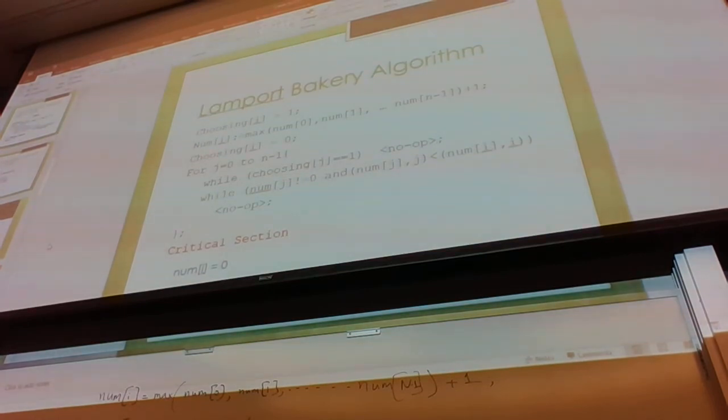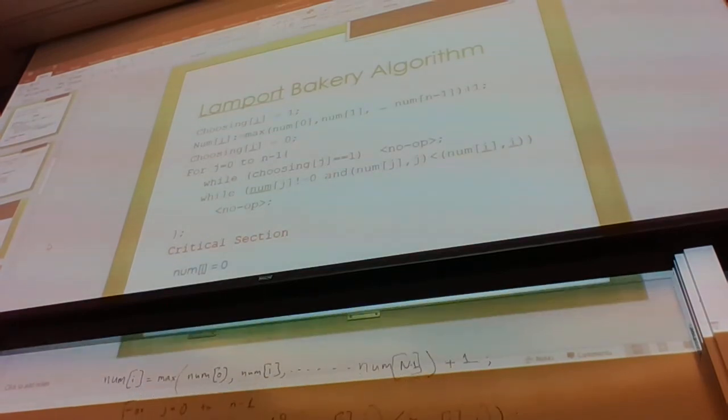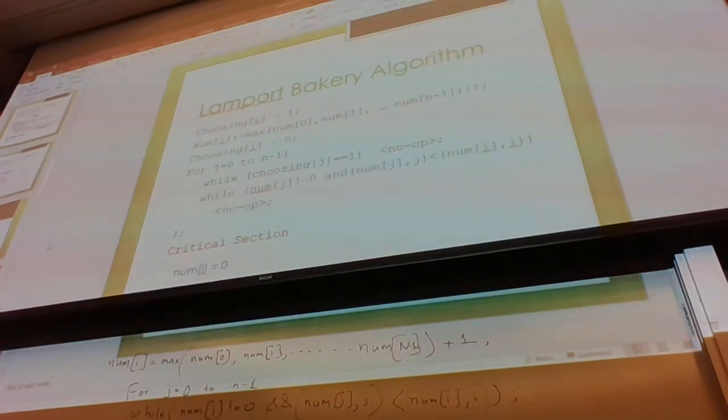For each process, what it does is this. So it does this thing, this while loop for every process.